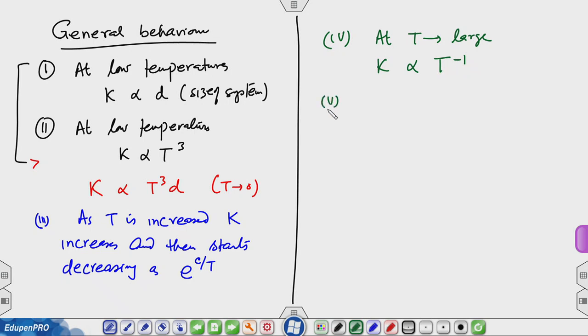And finally, purer the sample, higher the conductivity.